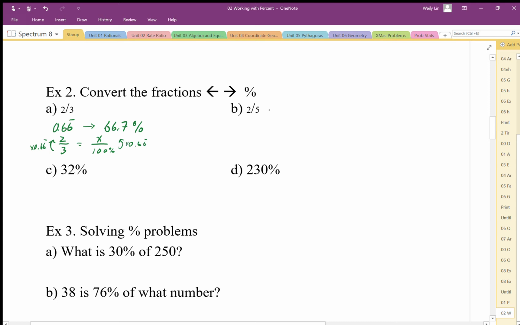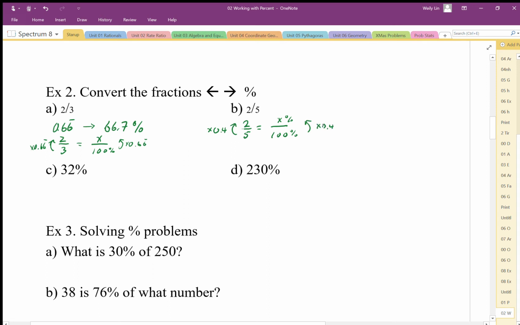Okay. 2/5. Okay, we can start with our proportion this time. So we have 2 out of 5 is going to be x% out of 100%. Okay, we can use a multiplier of times 20 going from left to right. We have our up and down decimal multiplier, which is our percentage, our decimal percentage multiplier.